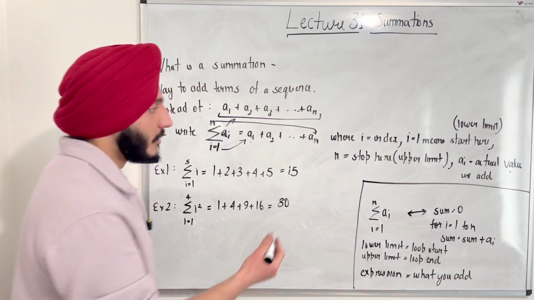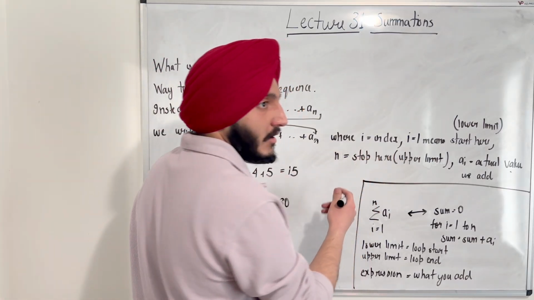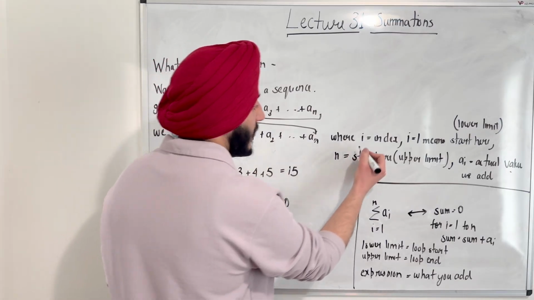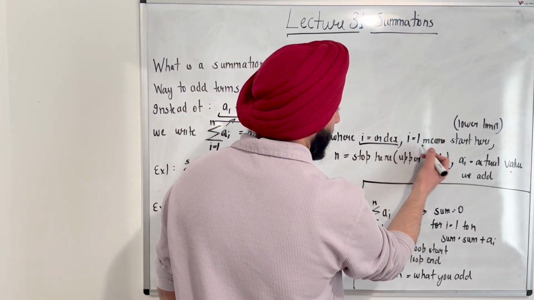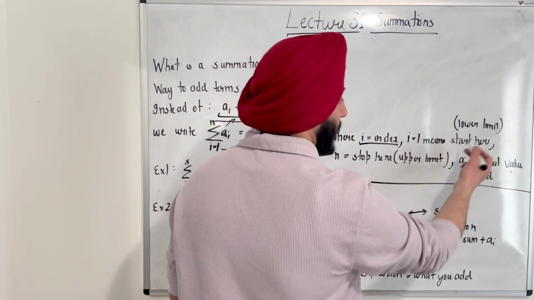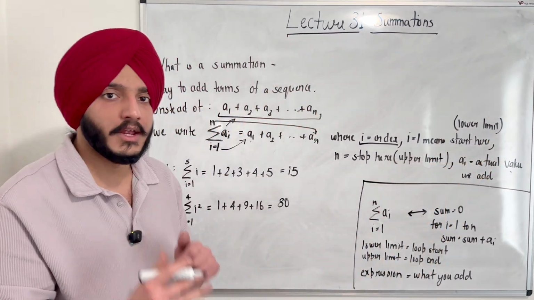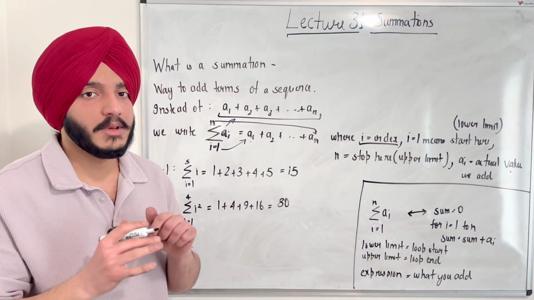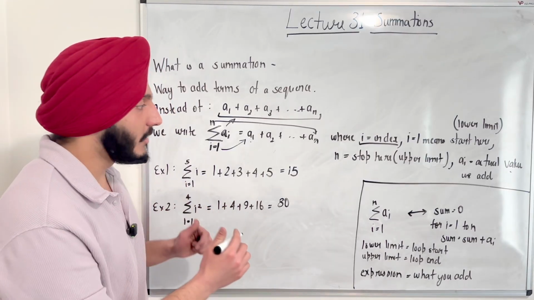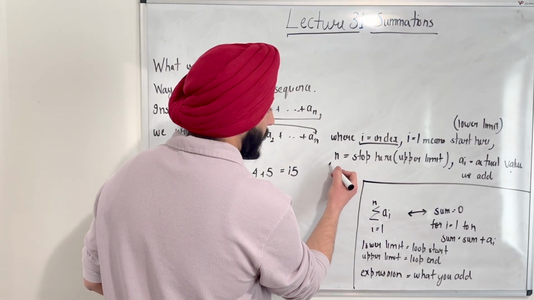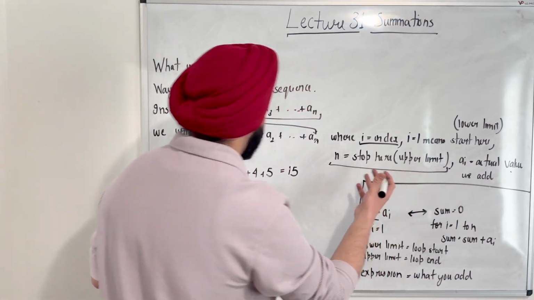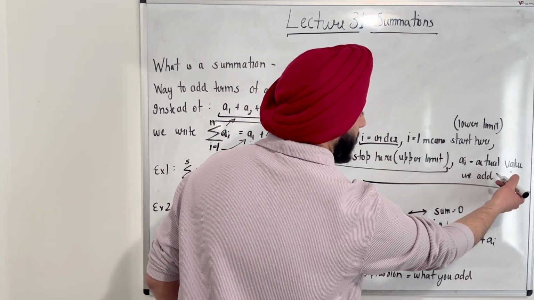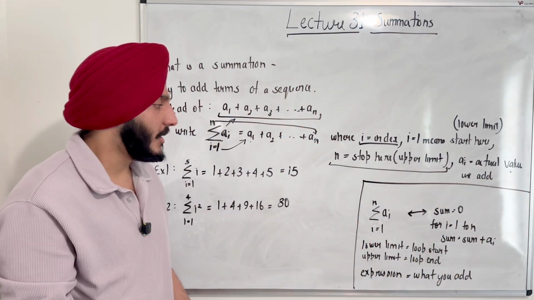Here I've given a description of each value. i is the index. i equals 1 means start here, the lower limit. Now, i doesn't necessarily have to be 1, it could be anything, so be clear that it doesn't have to be 1. n means stop here, the upper limit. And ai is the actual value that we keep on adding.